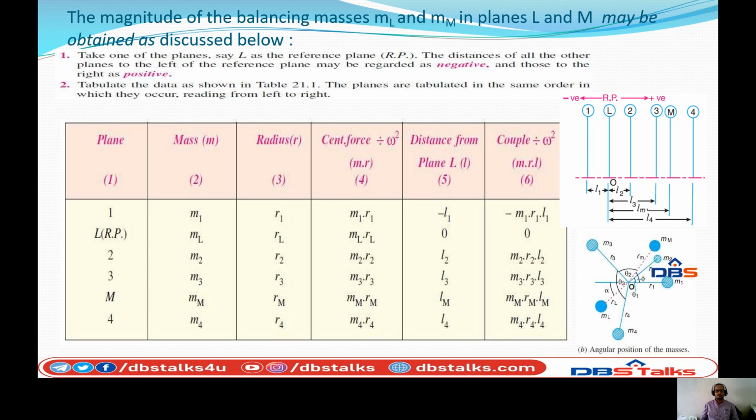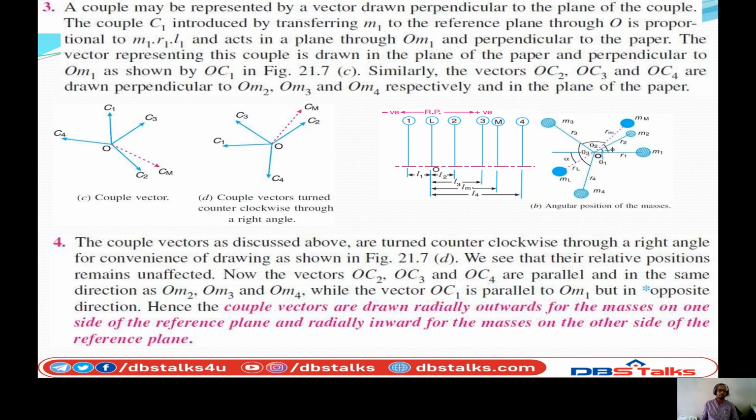Finally, since a couple may be represented by a vector drawn perpendicular to the plane of the couple, the couple C1 introduced by transferring M1 to the reference plane through O is proportional to M1 R1 L1 and acts in a plane through OM1 perpendicular to the paper.